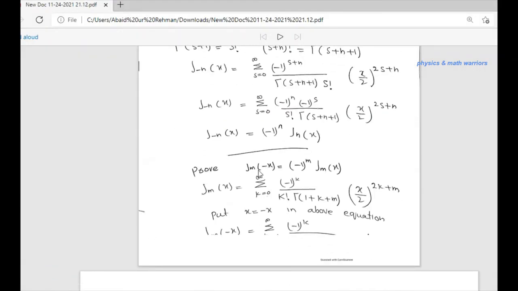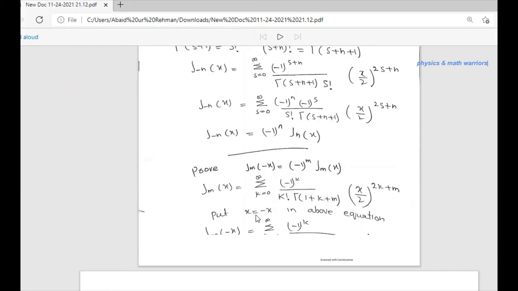Now we will prove J m of minus x is equal to minus 1 raised to power m J m of x. Again we will use the definition of the Bessel function, which is J m of x is equal to the summation k equal to 0 to infinity of minus 1 raised to power k over k factorial gamma of 1 plus k plus m, times x over 2 raised to power 2k plus m.